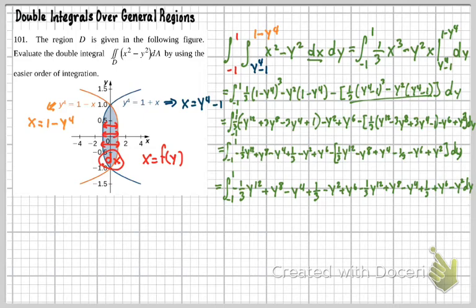So now we're going to put together what we can here. So this is going to be equal, this is the integral from -1 to 1. When I put my squares of the 12ths together, that's going to be 2 of them, so that's going to be 2/3 y to the 12th, negative.